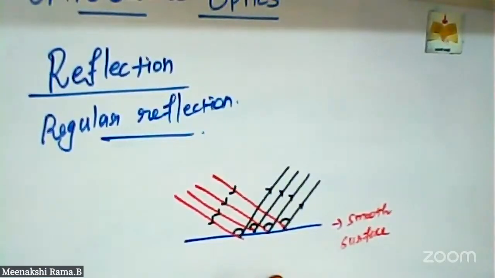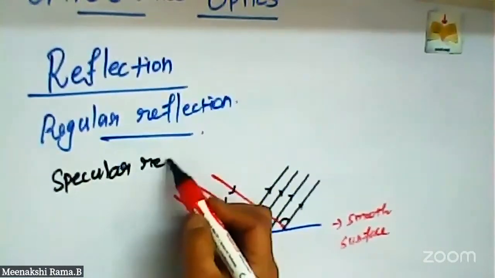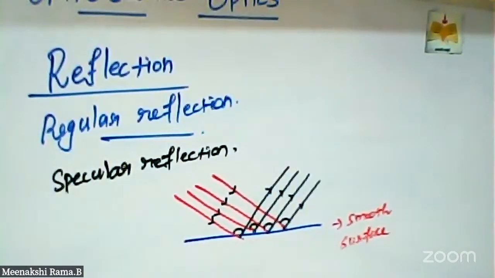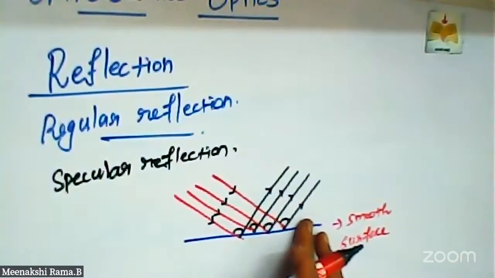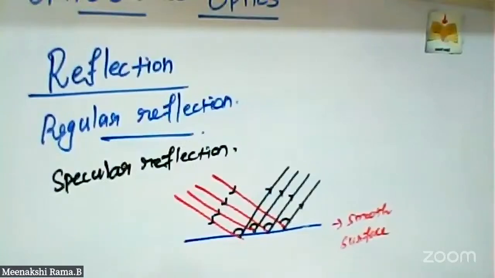This kind of reflection is called regular reflection or specular reflection. In regular reflection, a beam of light falls on a smooth surface and gets reflected. The reflected rays are parallel to each other, and the angle of incidence and angle of reflection are equal for every ray.